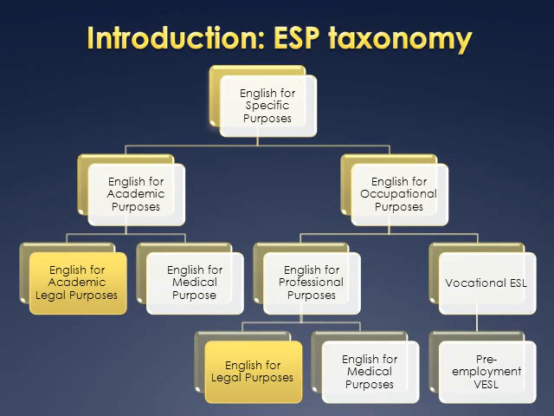On the other hand, English for occupational purposes leads the way to English for professional purposes that includes English for legal purposes, which focuses more on the needs of legal practice. In essence, legal English, as used in this presentation, is shared by English for academic purposes and English for legal purposes.